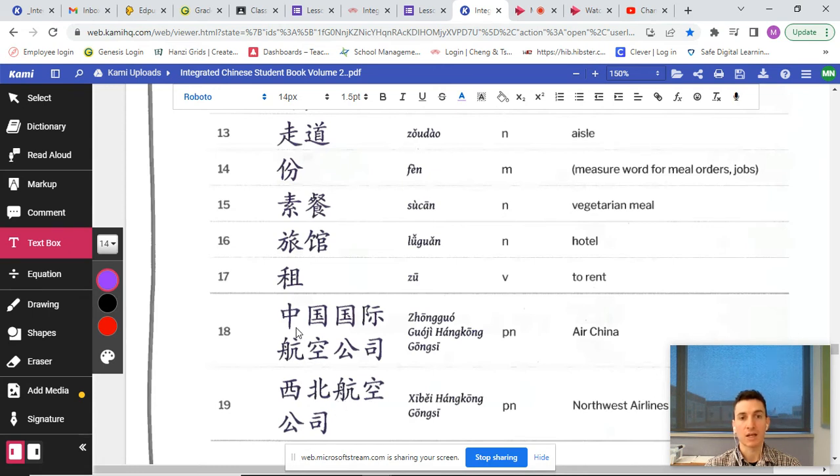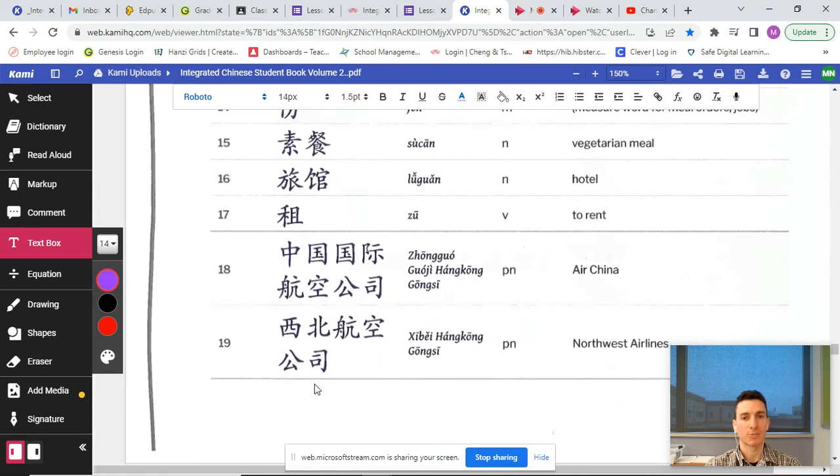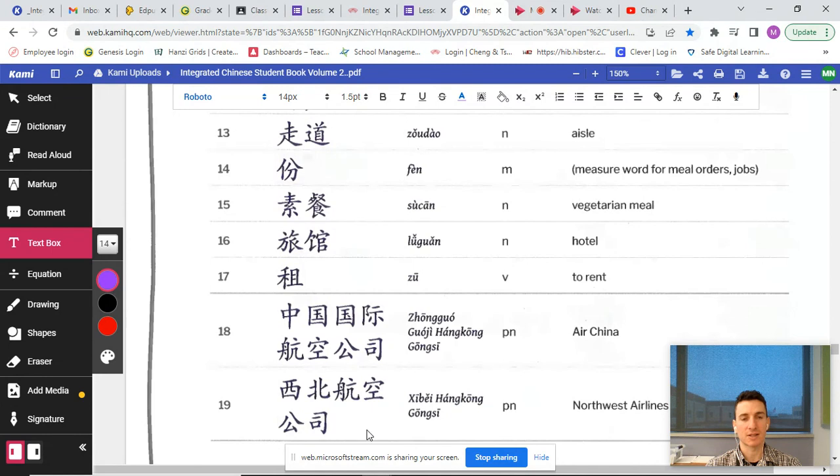You could say 国航, so 国 is domestic, 航 is referring to the flight company, so domestic flight company. You could say 西北航空. You could say 西航, but it's not specific enough here. You probably wouldn't hear it. You would say 西北航空, and then maybe you could omit the 公司. People would know that's probably implied. It depends on whether what you say is going to be ambiguous or not.